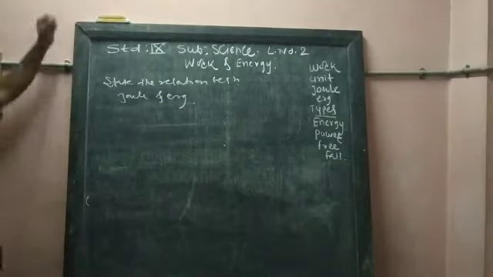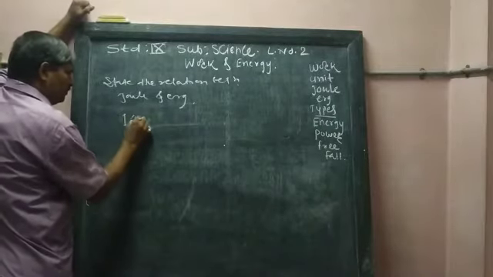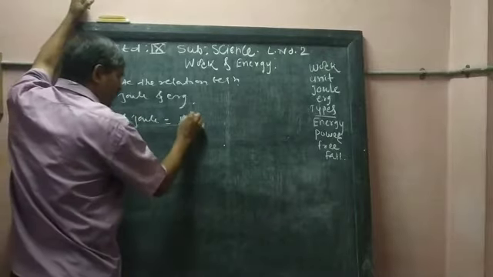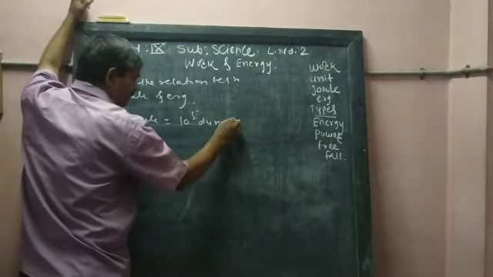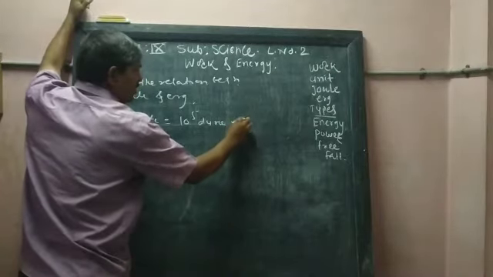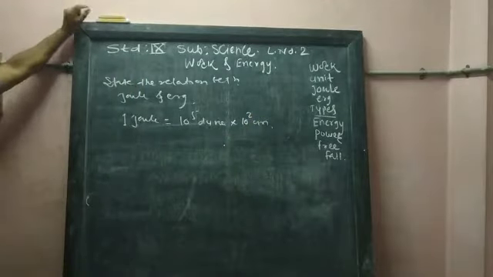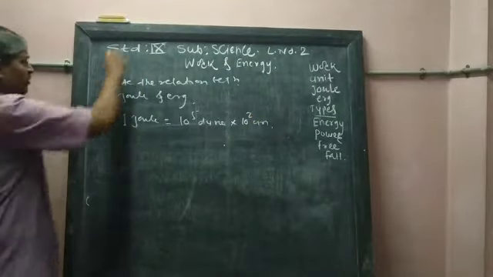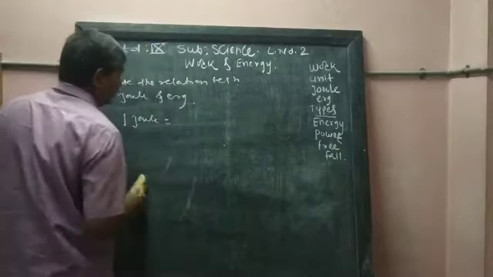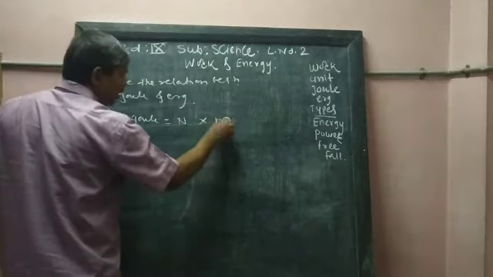Yes, it is possible. Then we can see 1 joule is equal to 10 raised to 5 dyne into 10 raised to 2 centimeter. Understand? Actually we will take here 1 joule is equal to Newton into meter.